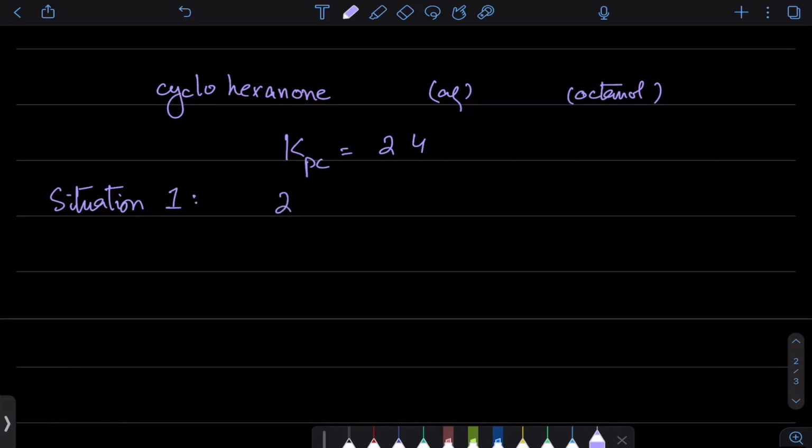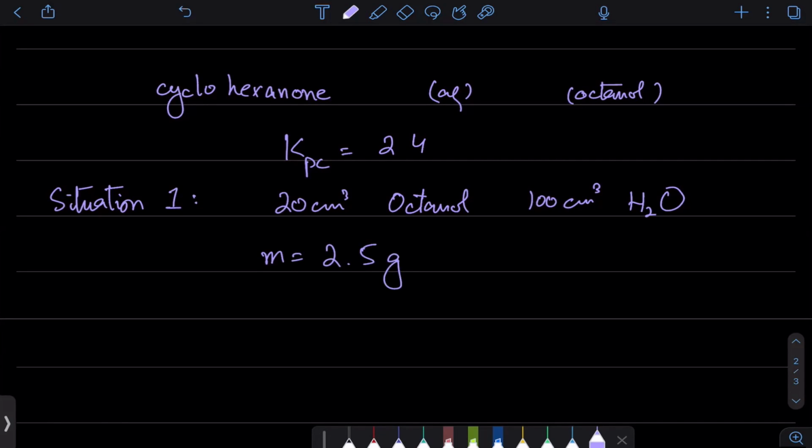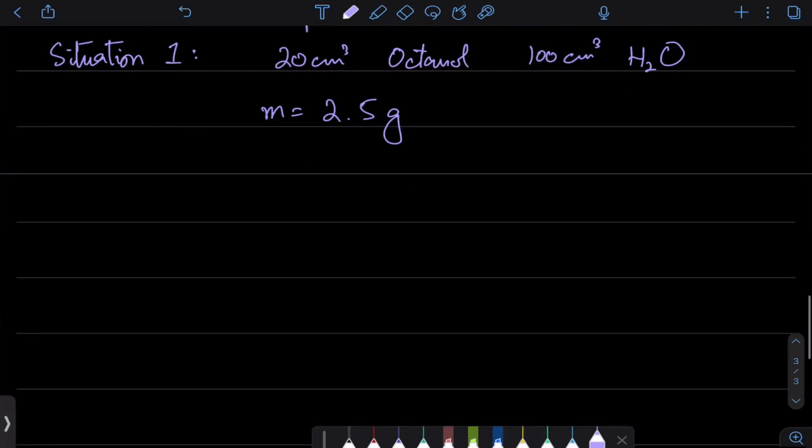We have 20 cm cube of octanol with 100 cm cube of water. And the total mass of this compound in there that we know is 2.5 grams. Okay, let's try to solve this. I have 2.5 grams. So let's say कि उसमें से X dissolves in water. ठीक है.